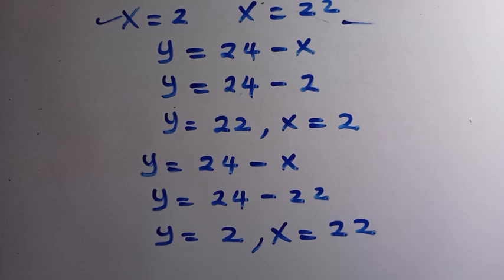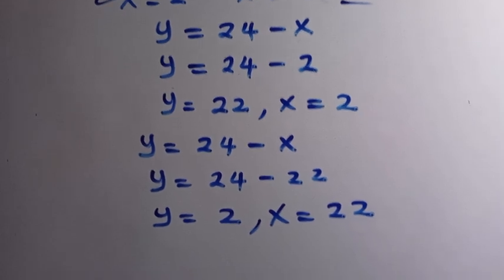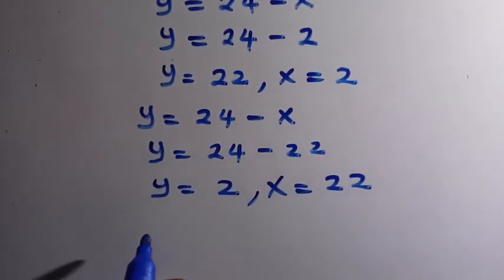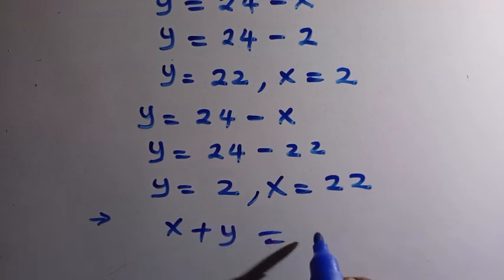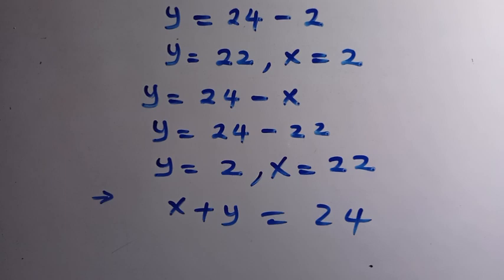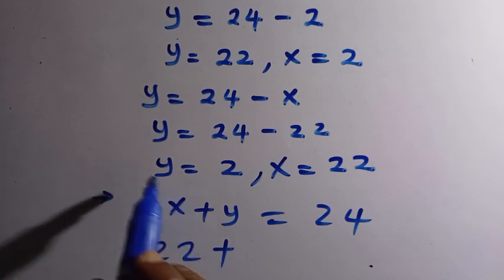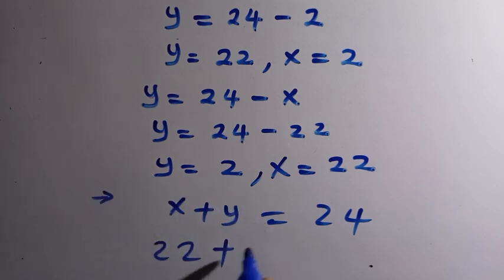So if this is what we have, let's try to verify whether these answers are equivalent to the given problem. We have from x plus y equals 24, and suppose our x is 22, we have 22 plus, then our y here is 2, so 22 plus 2 equals 24.